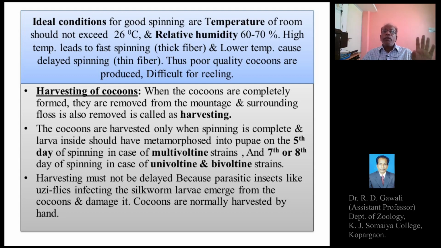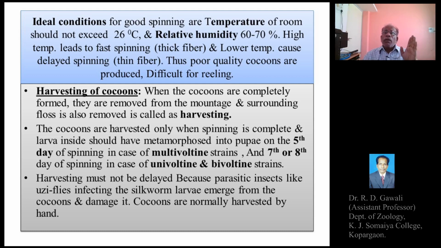Harvesting should be done in proper time, immediately after completion of the spinning, because there is another reason also. Once the pupa is formed inside, the cocoon should be harvested immediately and sorted or sold in the market.